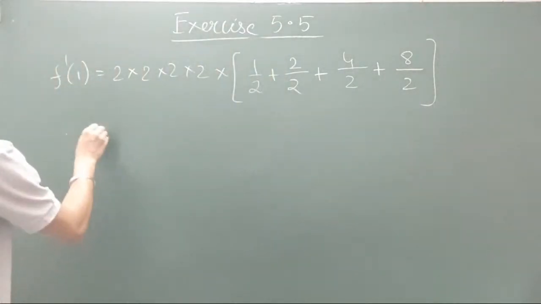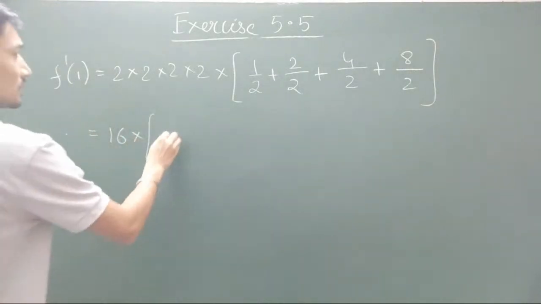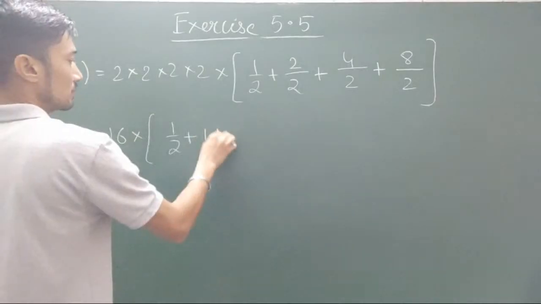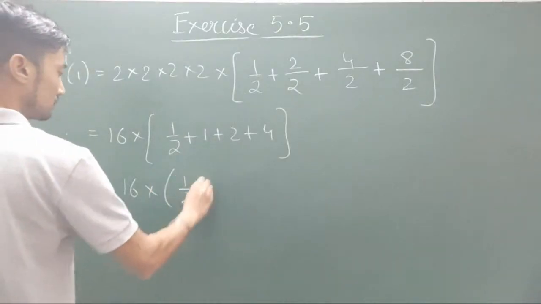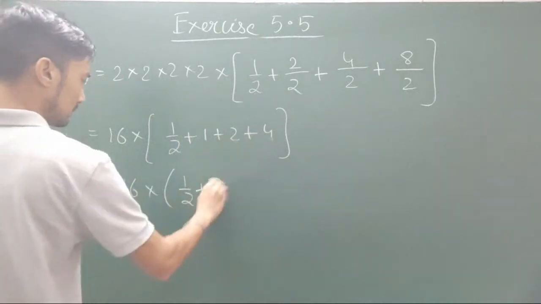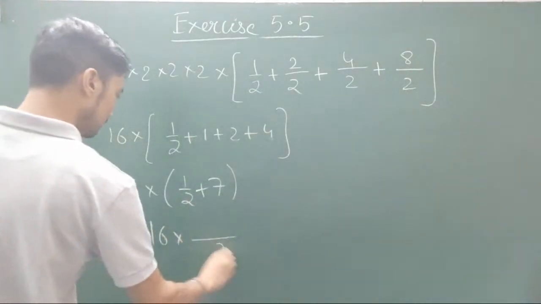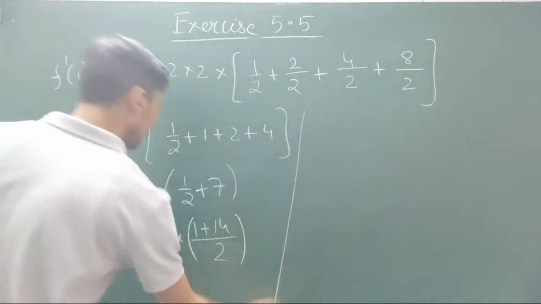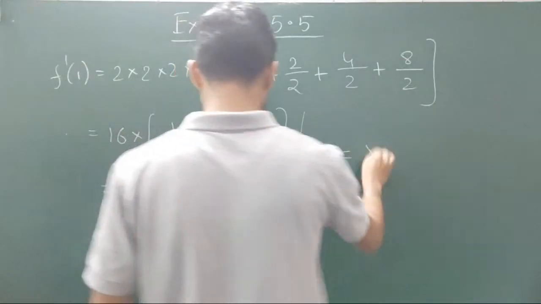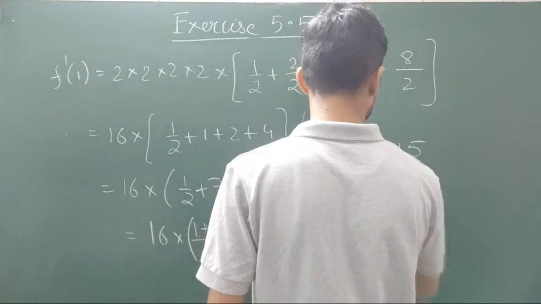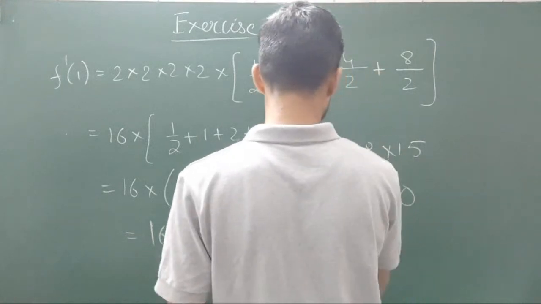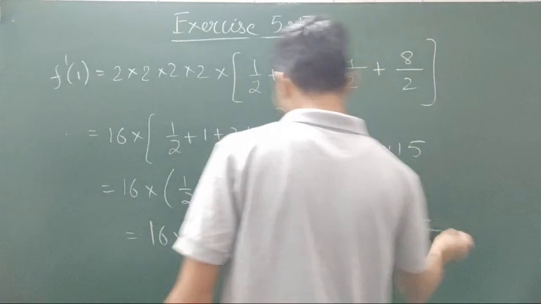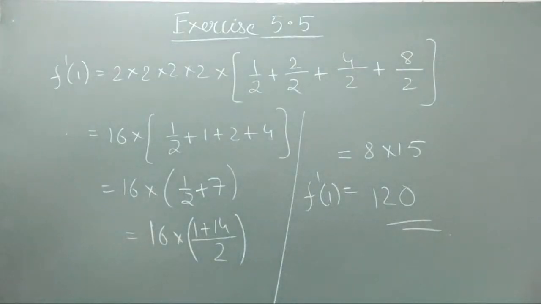So 2 to the 4, 4 to the 8, 8 to the 16. First order derivative at x equal to 1 is 120.